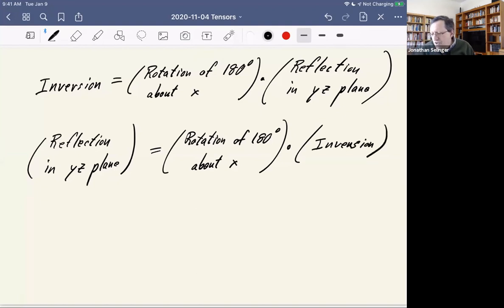The inversion changes the sign of all three coordinates, and then this rotation changes two of them back.